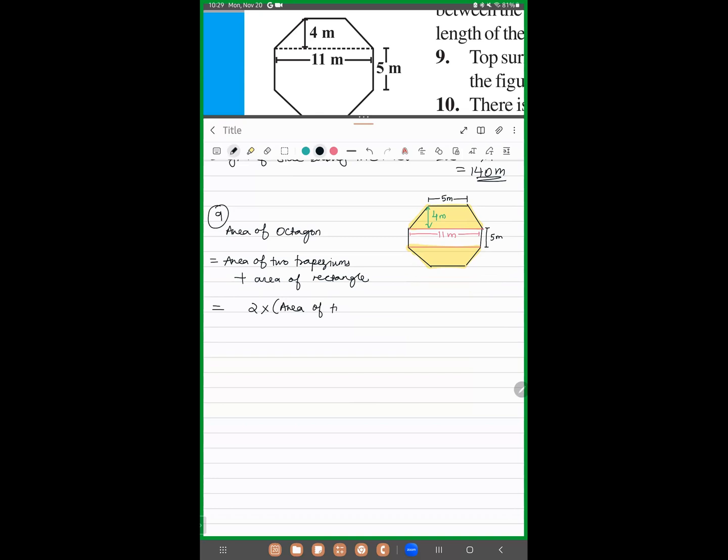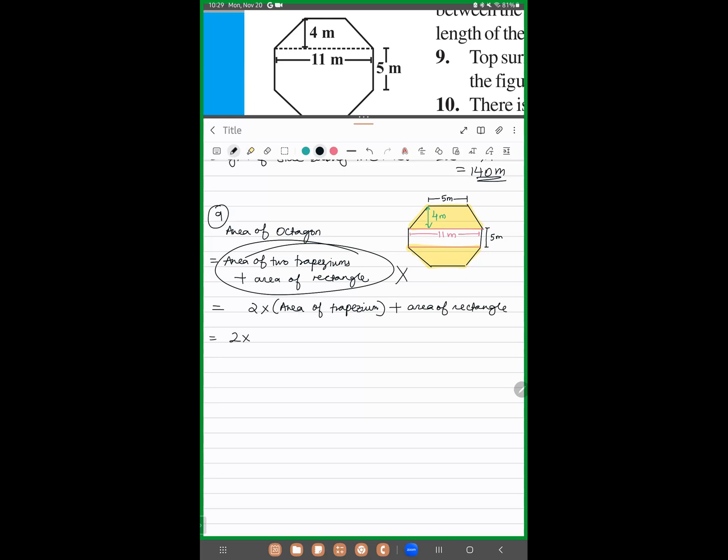So don't write this portion, just directly skip to the next one. Plus area of rectangle. So 2 times area of trapezium.